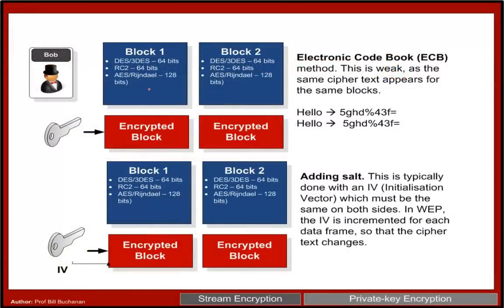Okay, so this is what we have with the electronic codebook. With the electronic codebook, we take a block at a time and then we encrypt. Each block is encrypted with the same key. So if it was the same block, then it will always come out as the same encrypted block. This can be a major problem as we might say the word hello, and we can see here that hello is always ciphered as that.